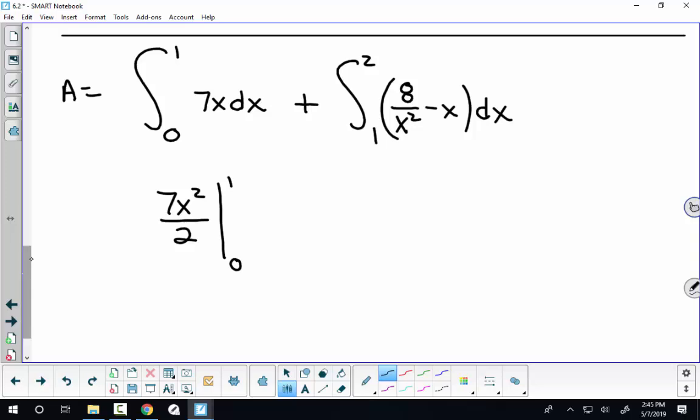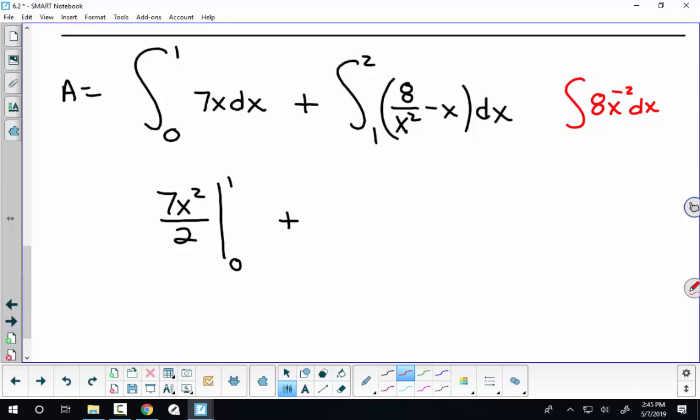Plus, what's the antiderivative of 8 over x squared? You want to view that as a power. So what's the antiderivative of 8 times x to the negative 2? Negative 8 over x, right?